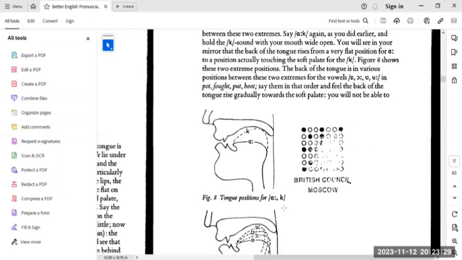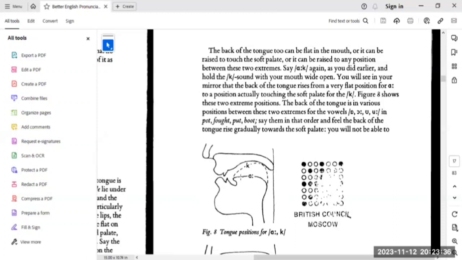Tongue position for the k sound. There is something important. Before a while we said what? The front tongue goes down, right? It's up, but not to the last level, right?